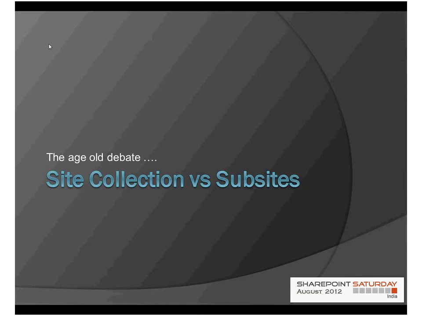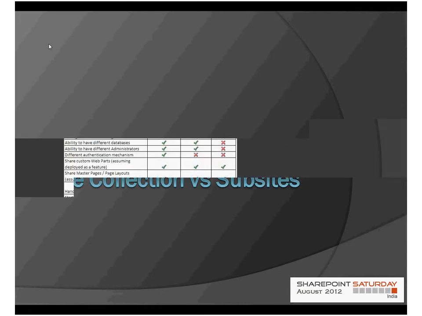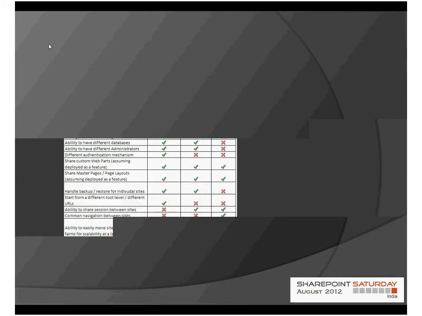There is not a really straightforward answer to this, and how I usually go about it is I have a small table which I use, and for each customer I usually apply different weightages to each one of the aspects over here. So this is a snapshot of the table.